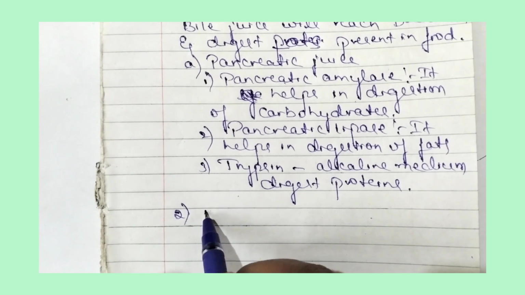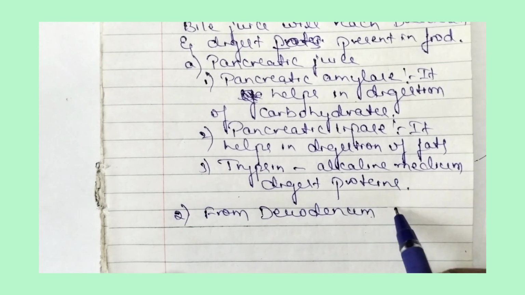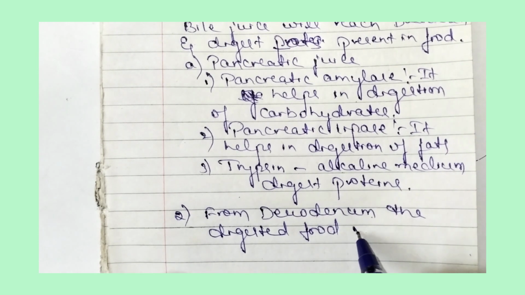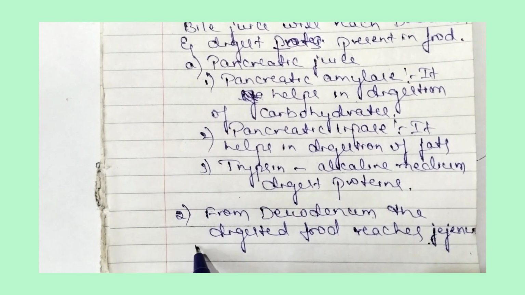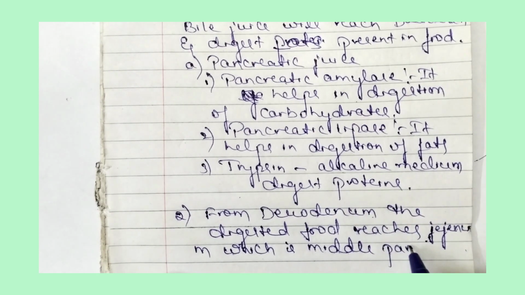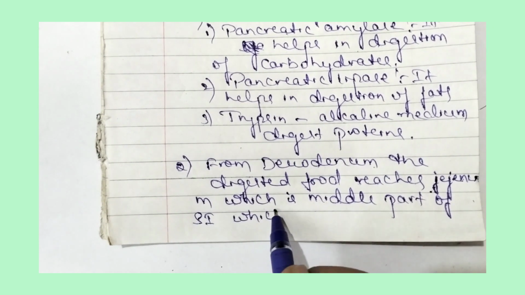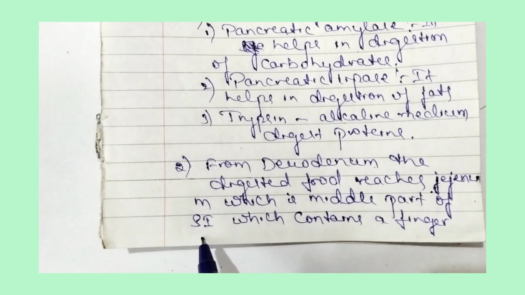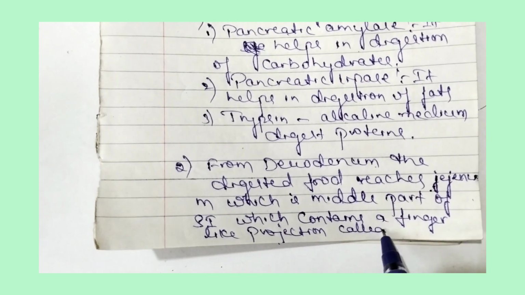Second, from the duodenum, the digested food reaches the jejunum, which is the middle part of the small intestine, which contains finger-like projections called villi.